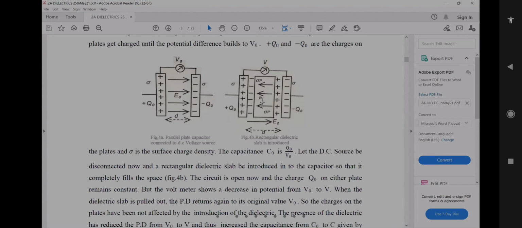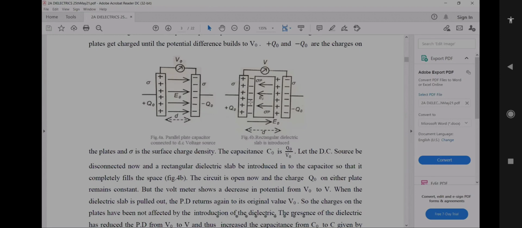Here the electric field direction is represented from positive to negative. These are the positive charges, these are the negative charges, so the direction is like this, in this direction, E_I. Whereas the external field direction, positive to negative, is in this direction. E naught is the external field.